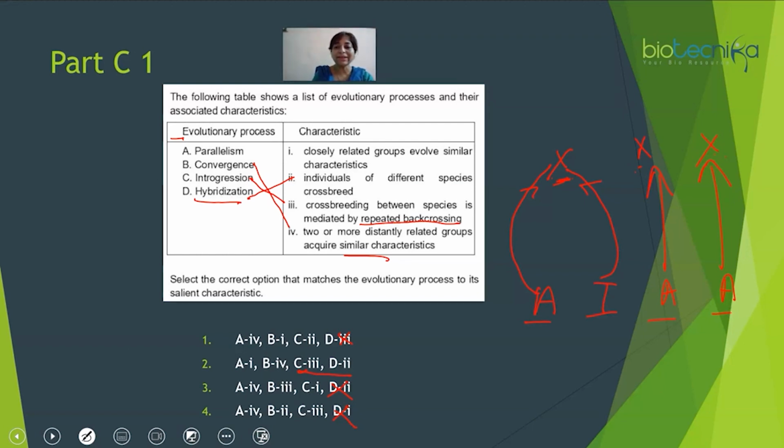So the descendants are as similar to each other as the ancestors were. As the similarity was there between the ancestors, a similar amount of similarity will be there between the descendants. That is what is called parallelism. So it will be A1, B4, C3 and D2, option 2.